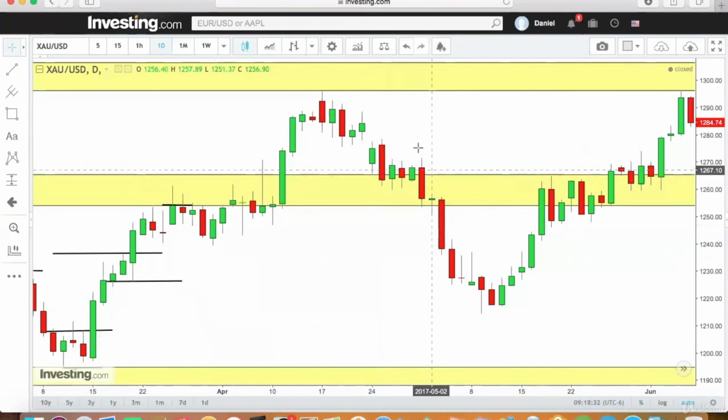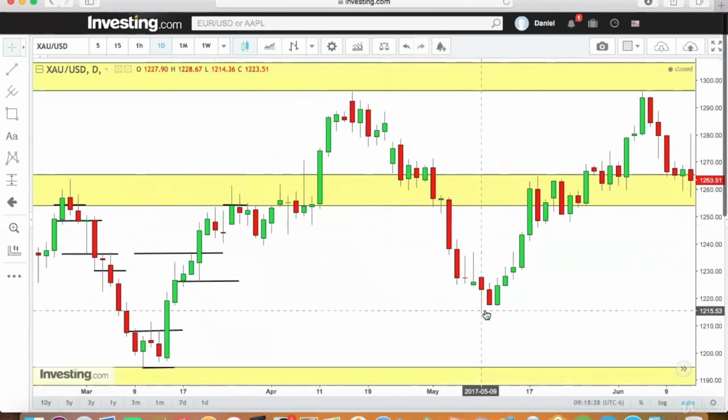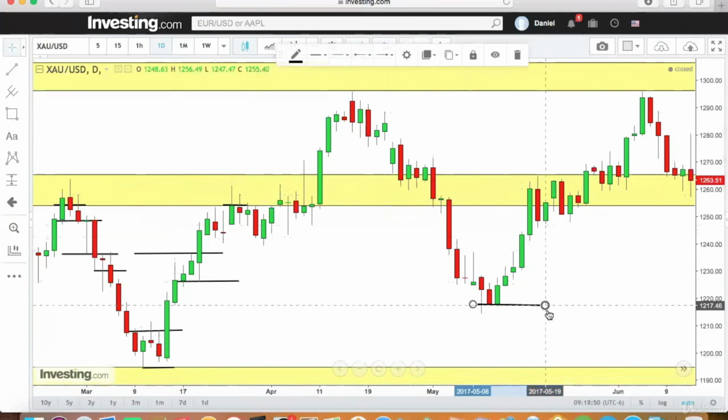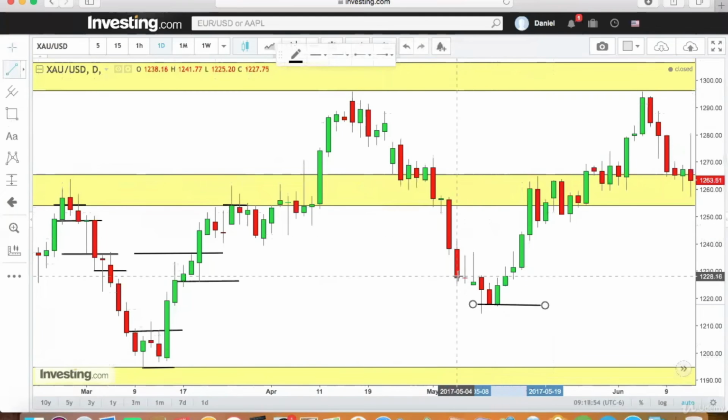You enter, you place your stops, and then you wait till the market tells you otherwise to get out. Because like if you see here, the market did not come all the way down to the zone on this trade, but the market did come down to previous levels. The market created your channeling structure.